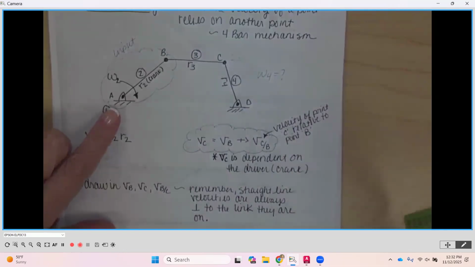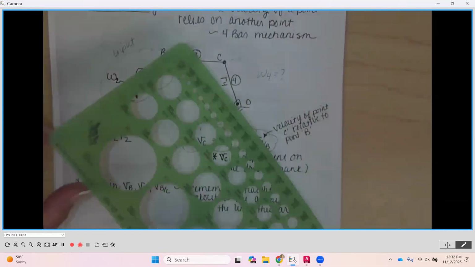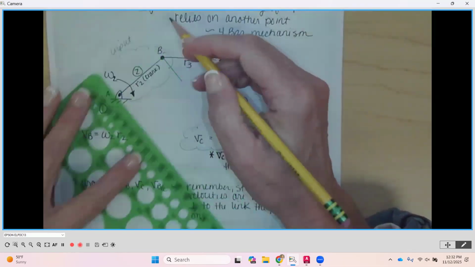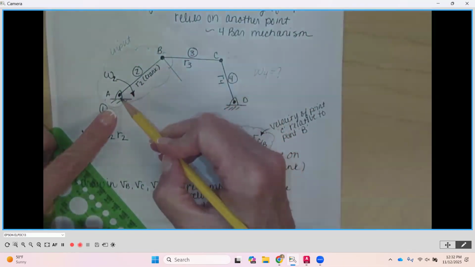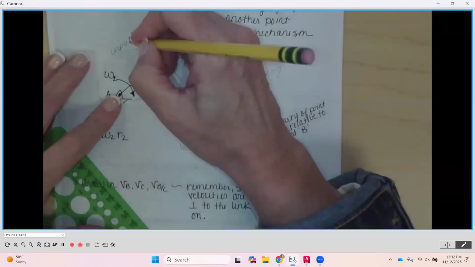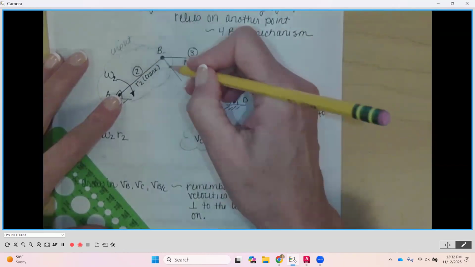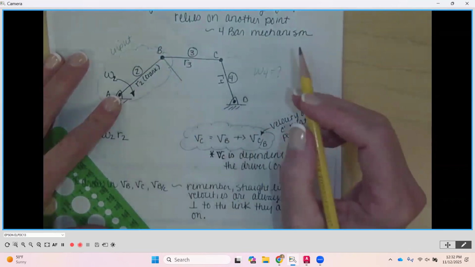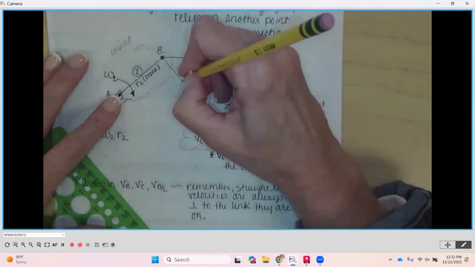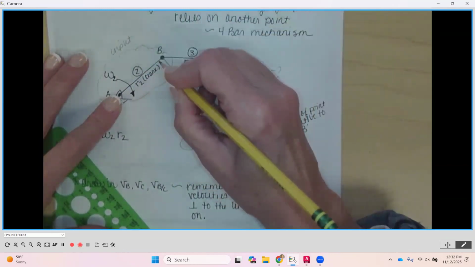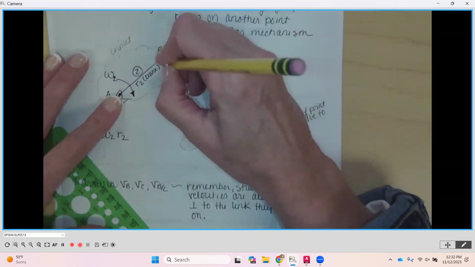Now, we know that straight line velocity, VB, is going to be perpendicular to its radius back to its center of rotation. So right here, we know that VB can only go on a circular path that has a fixed center at A. So the velocity at B is going to be perpendicular to that radius back to its center of rotation.